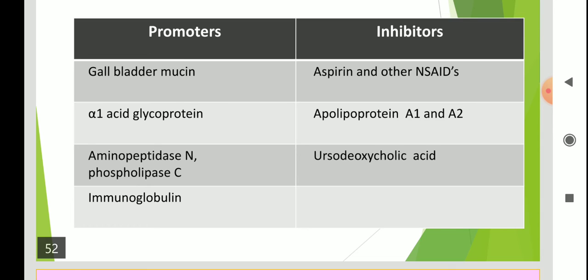The inhibitors: aspirin, NSAIDs, apolipoproteins, ursodeoxycholic acid. So even these are the medicines that can be given in such patients, containing ursodeoxycholic acid, which are the inhibitors, the treatment path.